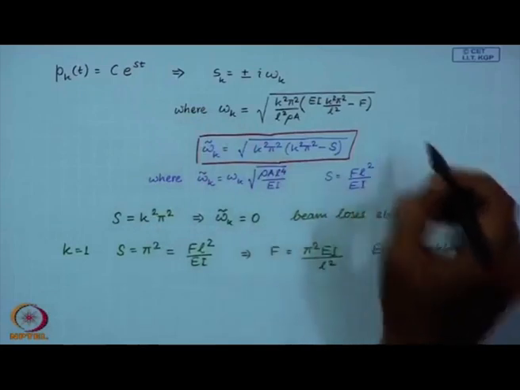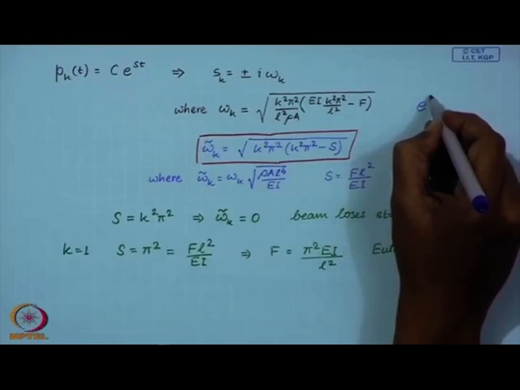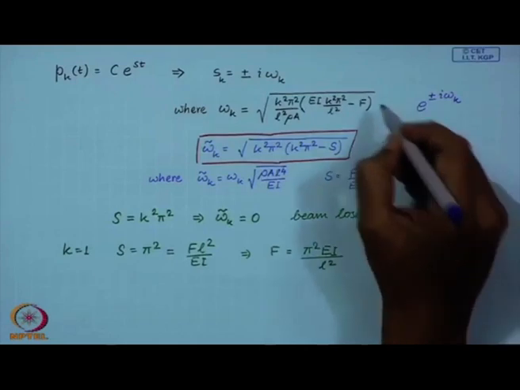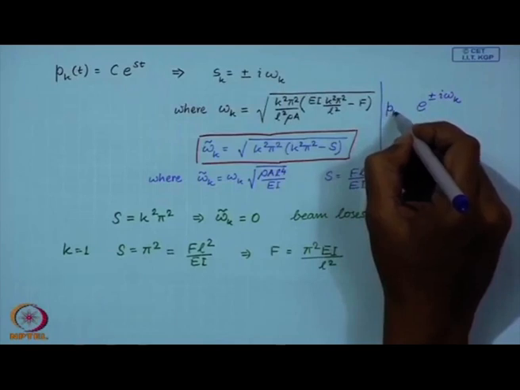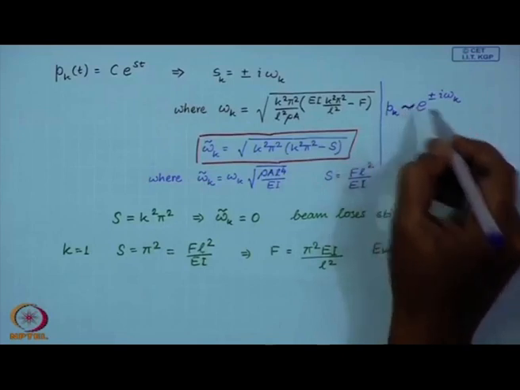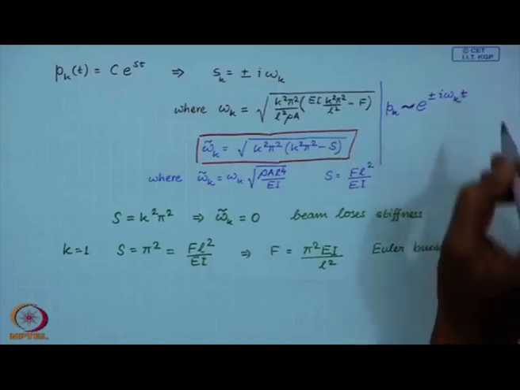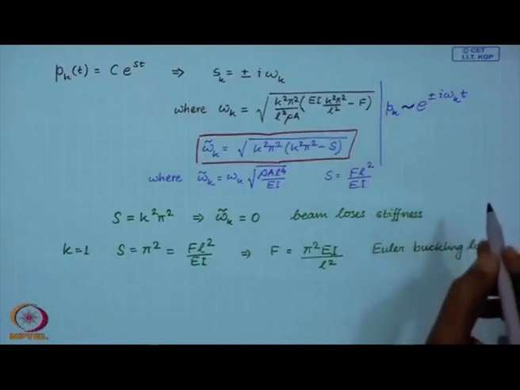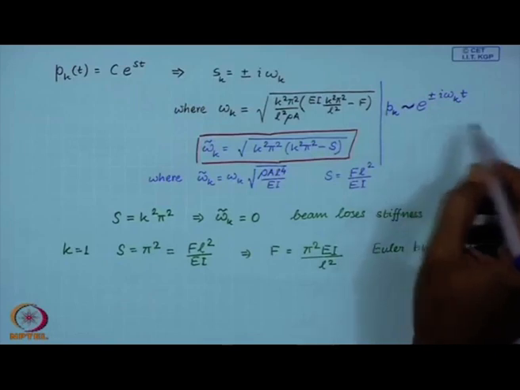When omega k is real, solutions have this term times time. So, the temporal variation of these solutions is like this: exponential i omega k t, which means these are harmonically varying.